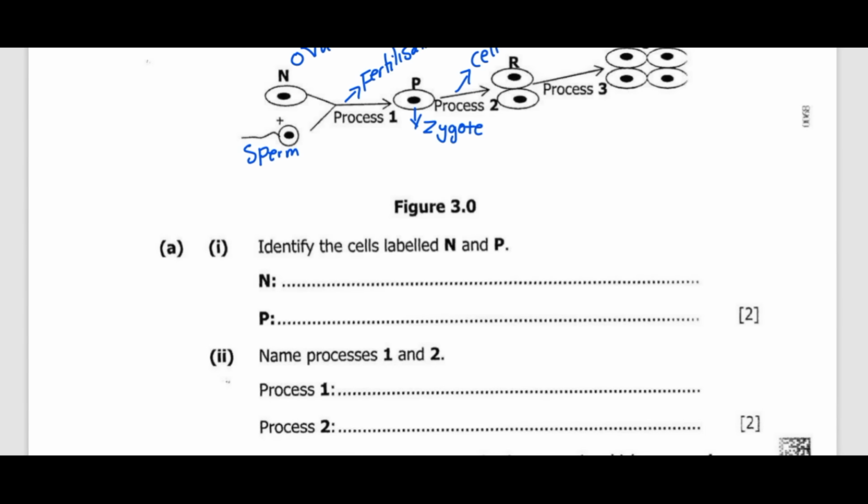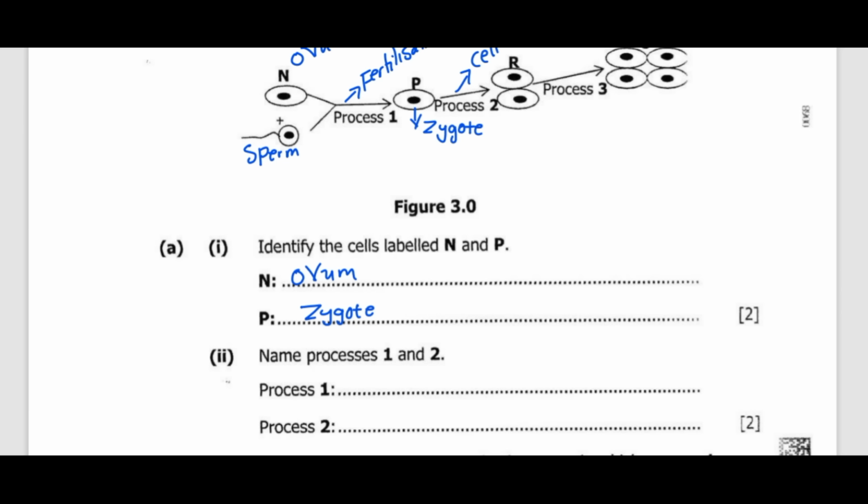So question A, Roman number 1, identify the cells labeled N. So N we are saying that is an ovum. Then for P we have zygote. So zygote is just a fertilized egg before cell division. Then name the processes 1 and 2.